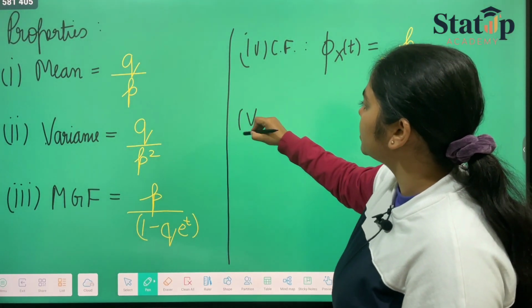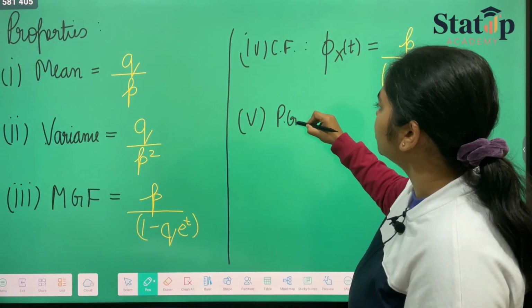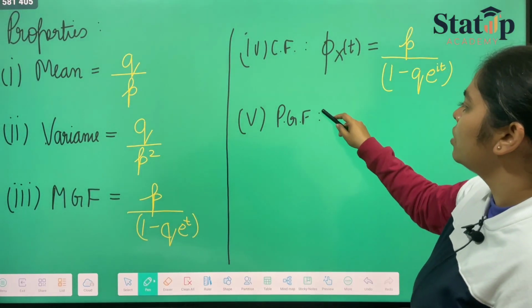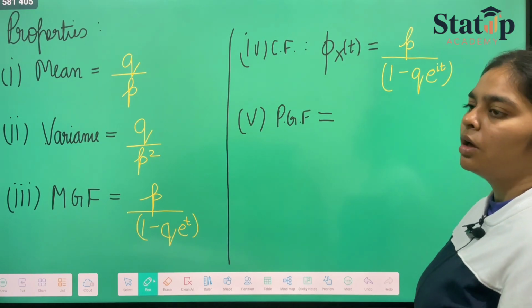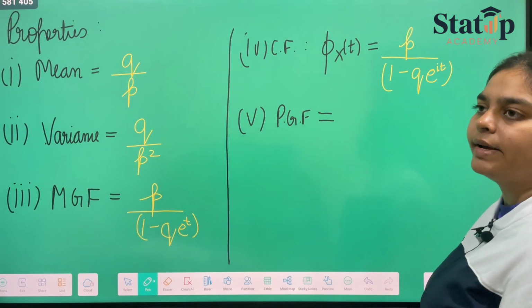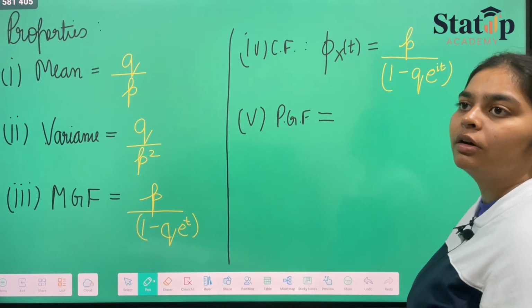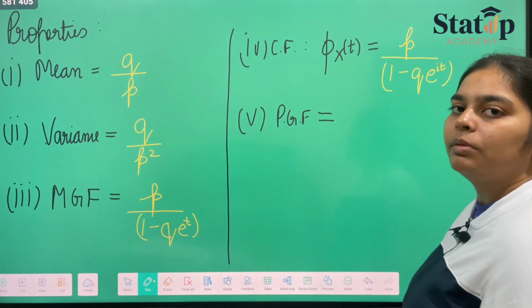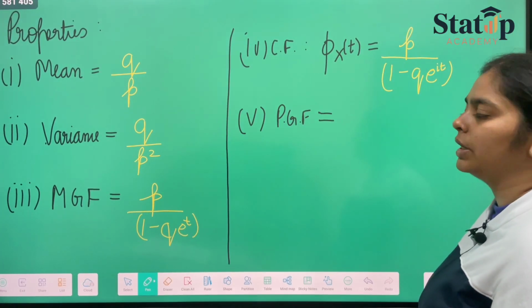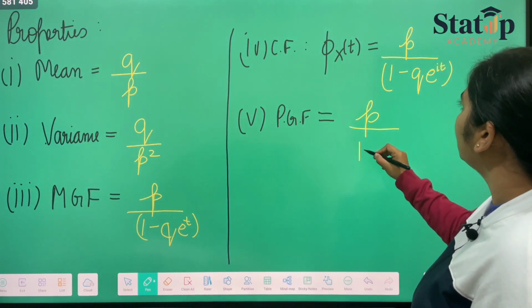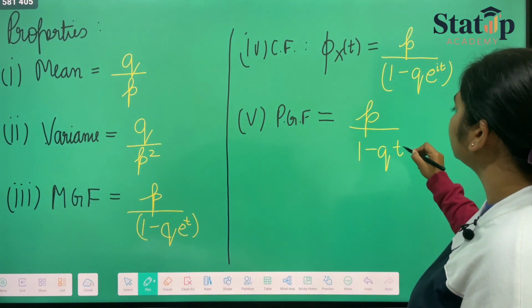And the fifth property is the probability generating function. For this also you need to know the formula directly, or otherwise you will be doing the summation and everything and you won't be able to do it within the limited time, and hence you will waste your time. So the PGF of this will be P upon 1 minus QT.